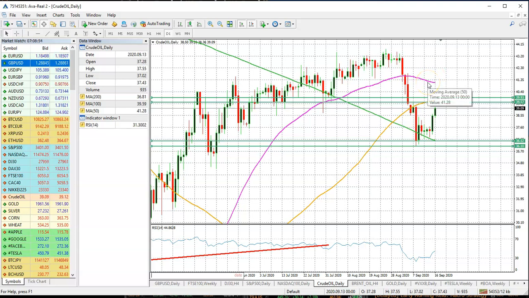Now, clearly, the price on a daily time frame has moved above the 100-day moving average, and it stayed above it, which shows that bulls didn't really lose full control of the price. They always had some sort of control, but at the same time, we are nowhere close to being out of the woods. What do I mean by that?